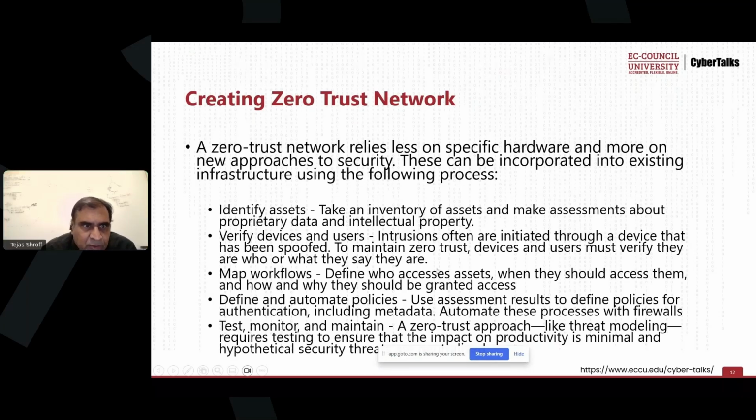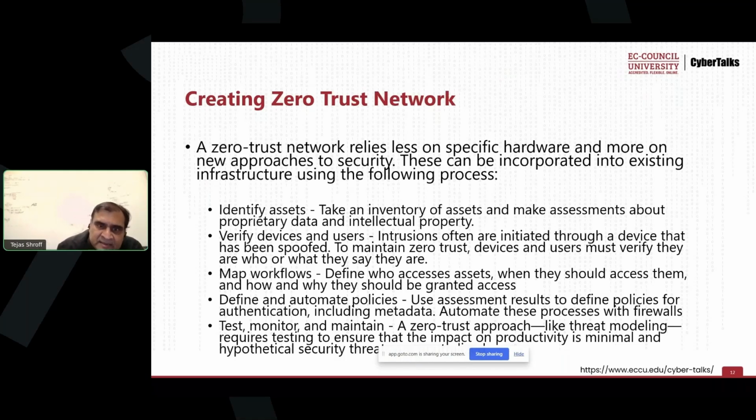So going back to identify assets, verify devices and users, map the workflows to define who has the access, defining and automating the policies, and testing, monitoring and maintaining an approach like threat modeling. So if somebody asks questions on threat modeling, I'll be glad to even answer those.